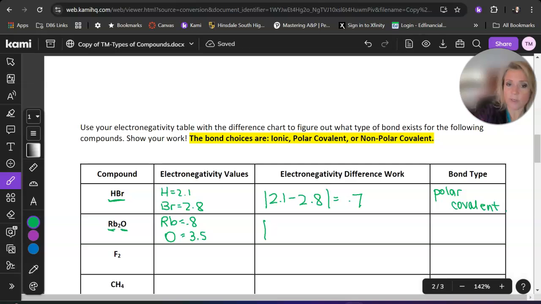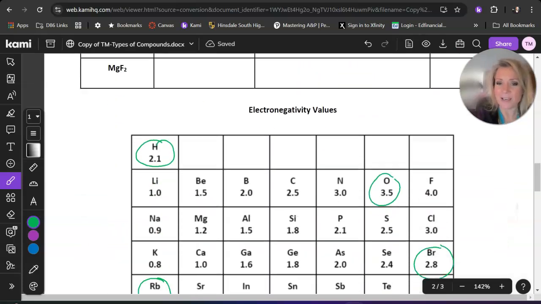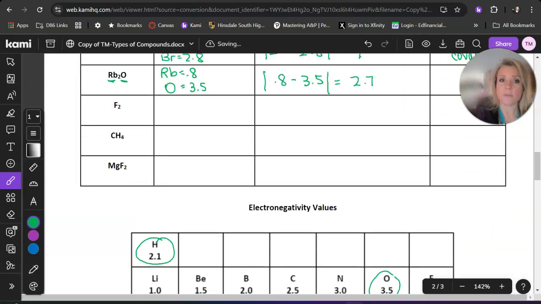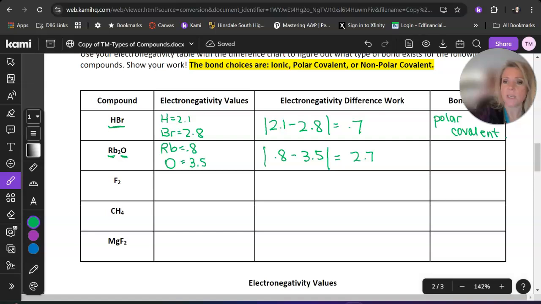And to show our work, absolute value bars, we have 0.8 minus 3.5, and that's going to give us 2.7. And if we look back down at our table, 2.7 is greater than or equal to 2. Therefore, the bond between these two atoms is ionic.